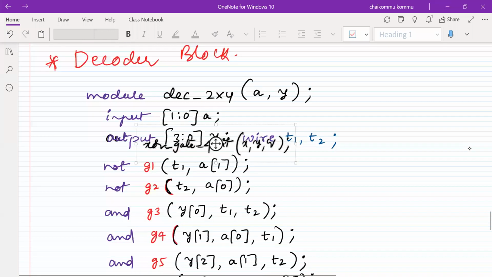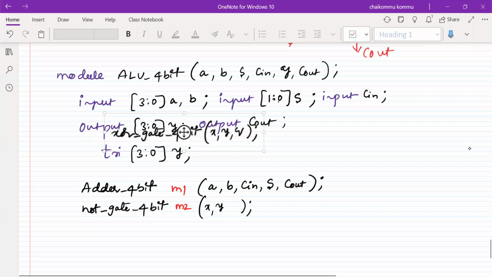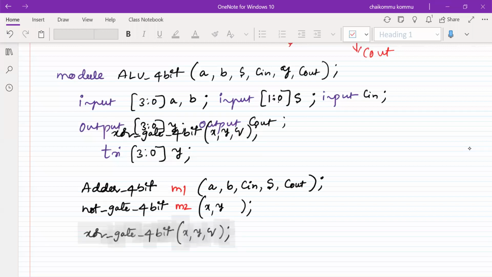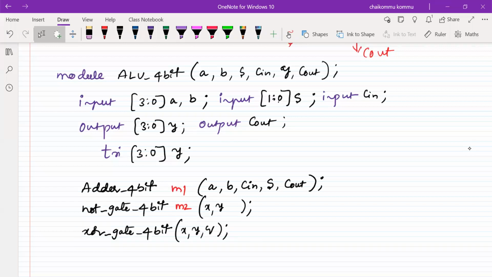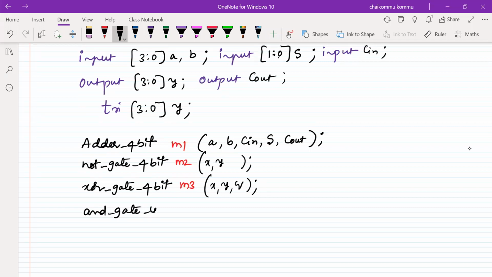I think it's better to write this instead of taking all of this in. So this is what I am going to write here. The structural modeling is very much useful for system design, right? Next one is the buffer and the AND gate. AND gate underscore 4-bit, M4.